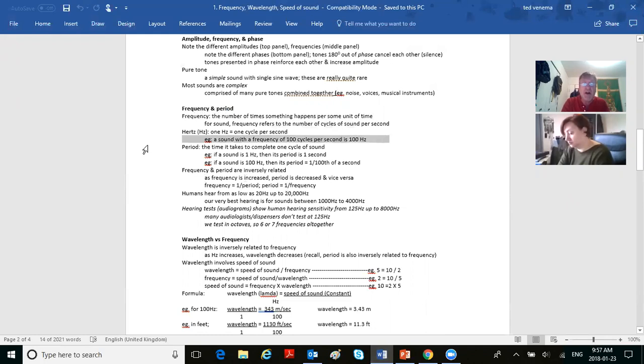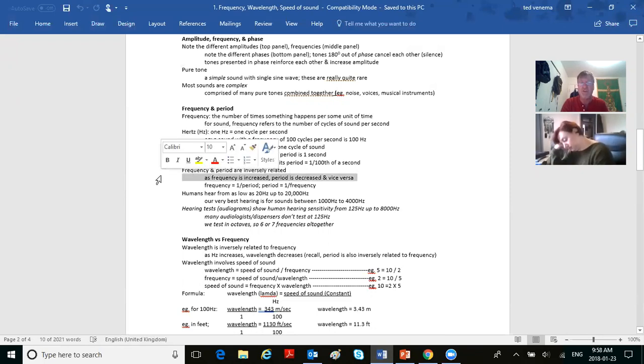Period, the time it takes to complete one cycle of sound. For example, if a sound is 1 hertz, then its period is 1 second. If a sound is 100 hertz, then its period is 1/100th of a second. And so, put a star by this one, frequency and period are inversely related. As frequency is increased, period is decreased.